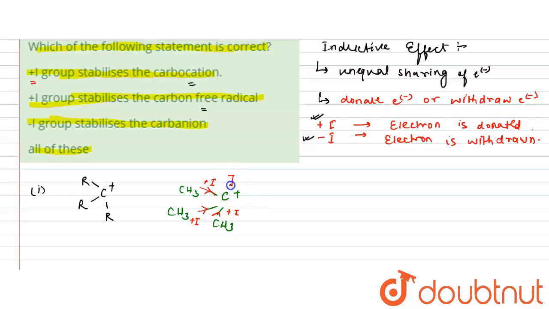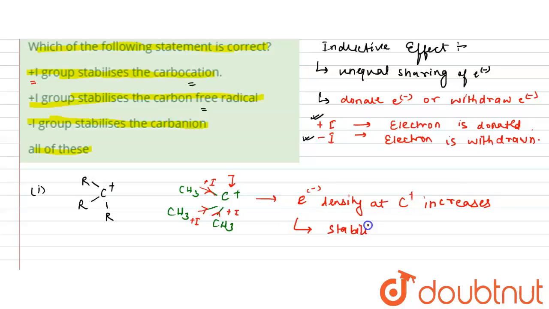At this carbon center there was a deficiency of electrons, but due to the plus I effect of a larger number of alkyl groups, three CH3s, the electron density, earlier low and that's why there was positive charge, will increase. So electron density at C positive increases due to plus I effect, and hence it stabilizes it.